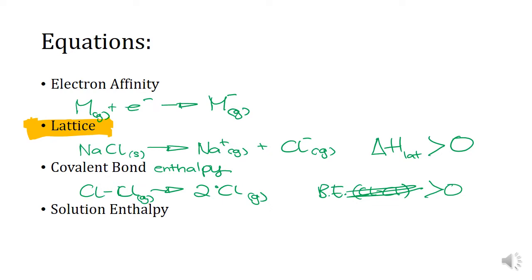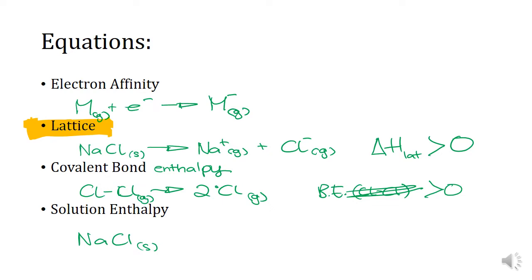Now, solution enthalpy. Earlier we talked about enthalpy of hydration, which is how much energy is released when I've got my gaseous ion and I add water to it. Solution enthalpy is the delta H of taking, and I'm using sodium chloride as an example of an ionic compound.